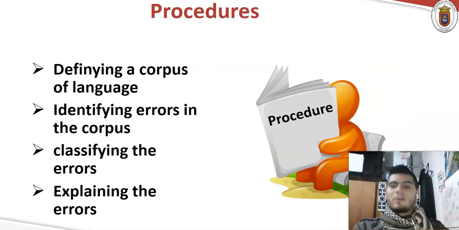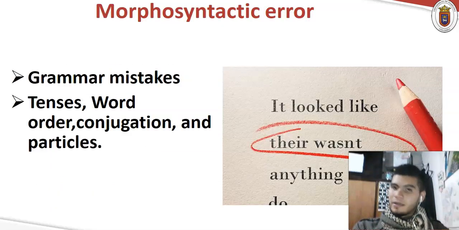Now, the procedures. First, we define the causes. Secondly, we identify the errors that we can find in the causes, classifying the errors, and at last, we explain these errors. Second language learning errors.